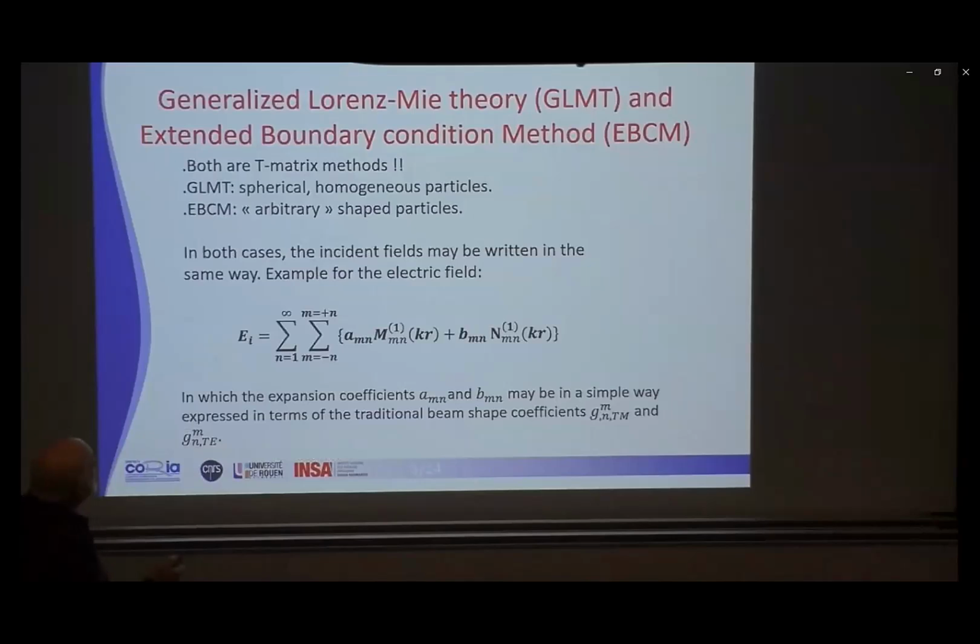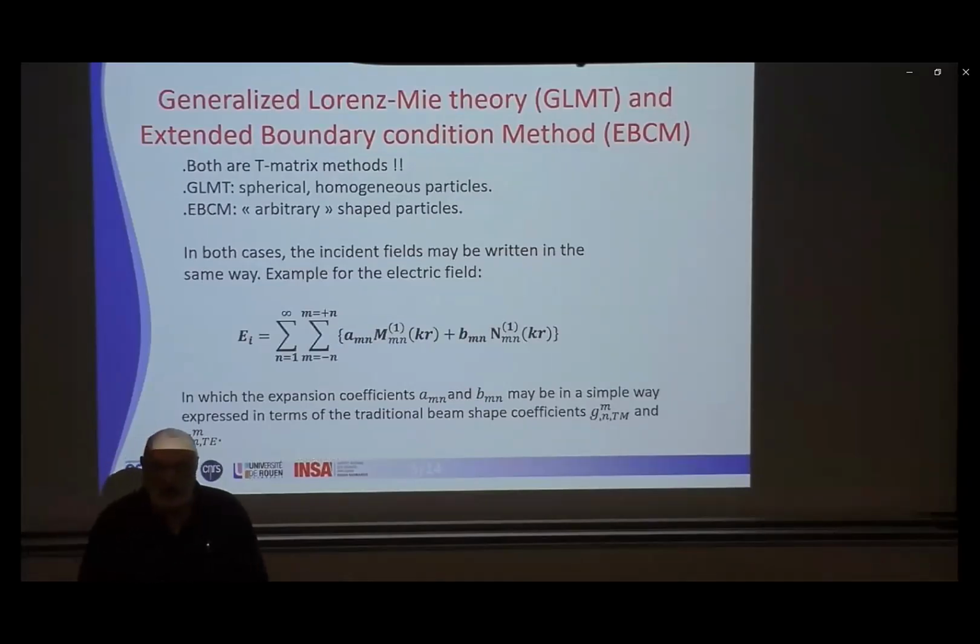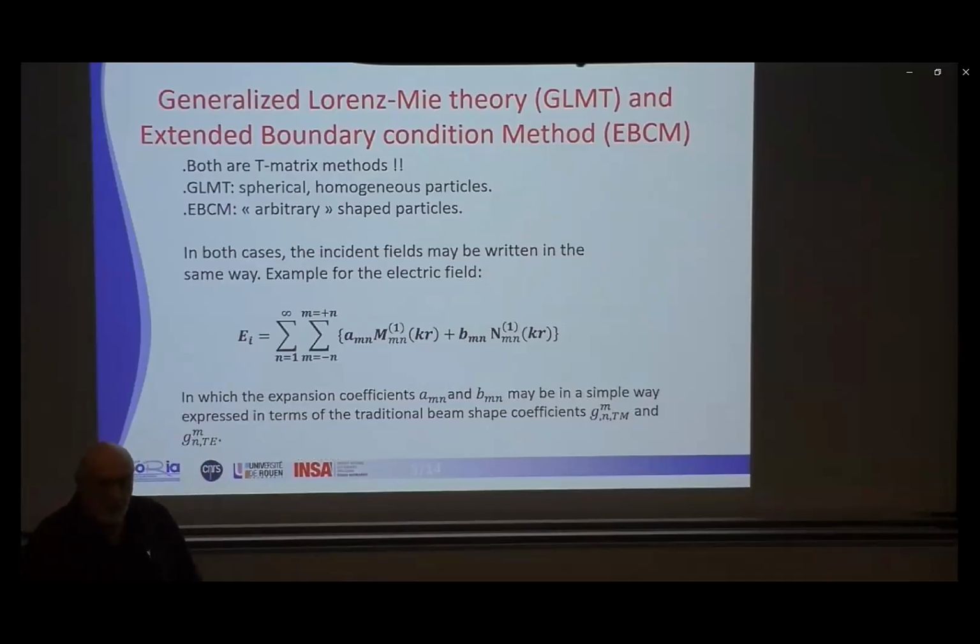Generalized Lorenz-Mie theory, GLMT, and there is another technique which is called EBCM, Extended Boundary Condition Method. Both are T-matrix methods. A T-matrix is something which relates the scattered field and the incident field. And when you can compute the relationship between both of them, you can construct a T-matrix, transition matrix. And both of these techniques, GLMT and EBCM, are T-matrix methods.